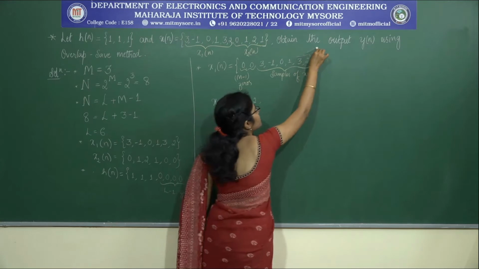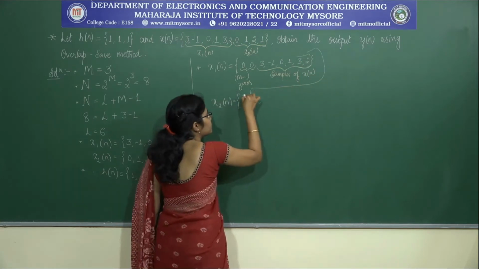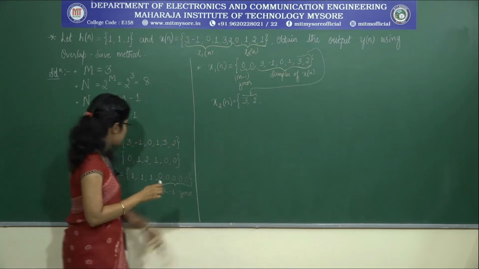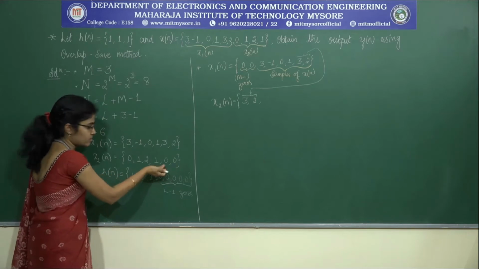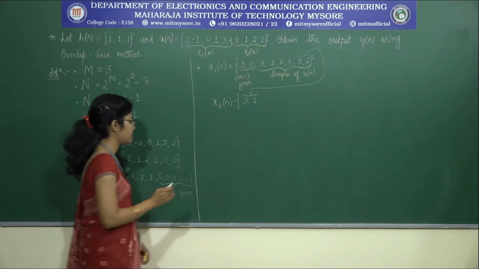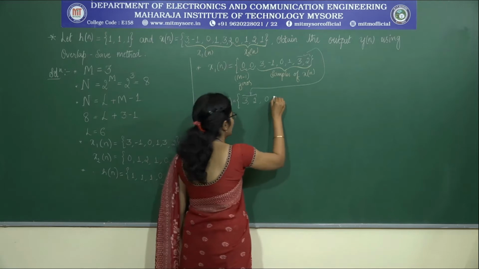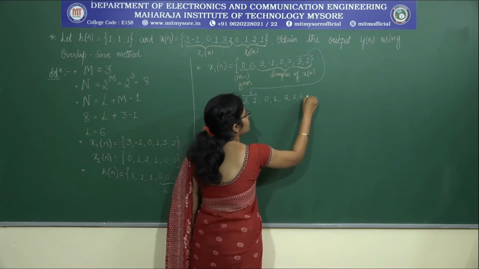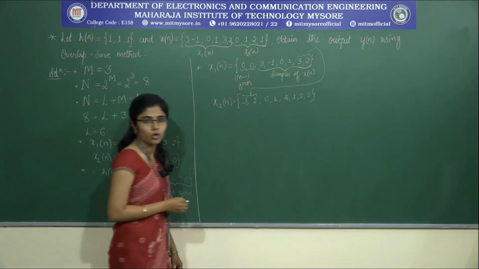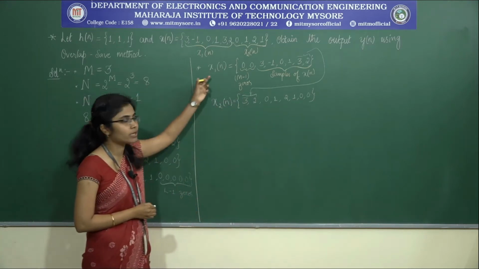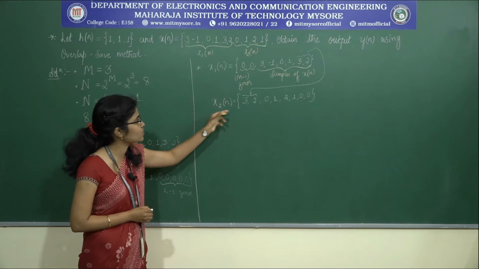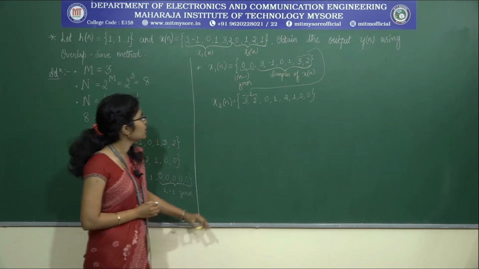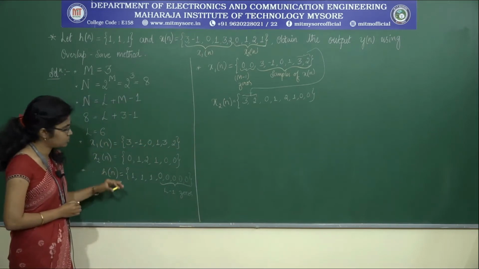Okay. So, I have written the same thing here. Okay. Next samples are nothing but the same samples which we have here. That is 0, 1, 2, 1, 0 and 0. Hope it is clear for you people how to write the sequence for x1 of n as well as x2 of n. Okay. Now, we are ready with the input data.